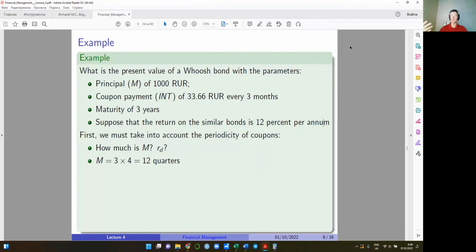Guys, it's 3%. It's 12 divided by 4. Thank you. 3% a quarter.